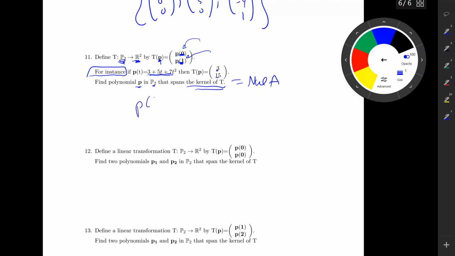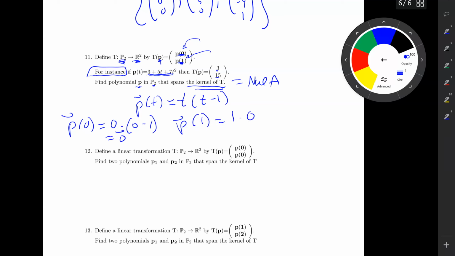So I'm using 0 and 1 as the roots of my polynomial. So this is a polynomial that spans the kernel.